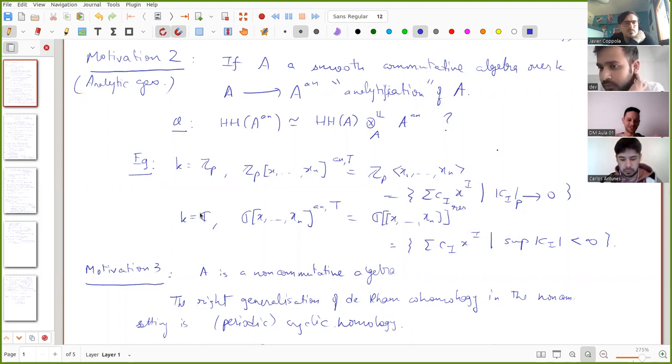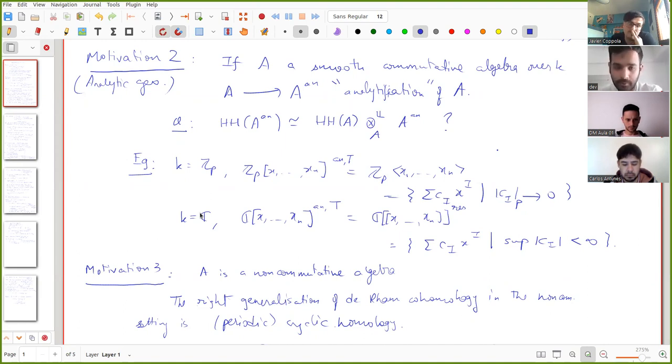Maybe other examples: you can take the group algebra, say the noncommutative torus. This technique was used by Alain Connes to compute the cyclic homology of the noncommutative torus.